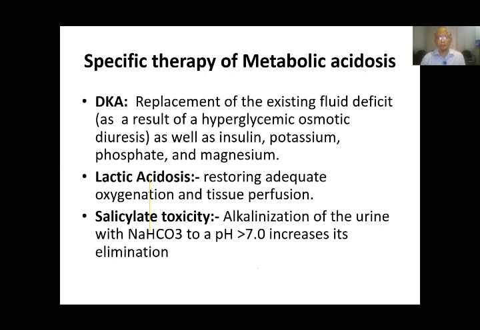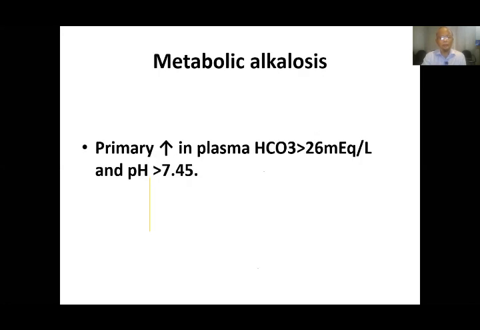In case of lactic acidosis, restoring adequate oxygenation and tissue perfusion is important, and the anaerobic glycolysis should be stopped. In case of salicylate toxicity, alkalization of the urine with sodium bicarbonate to pH more than 7 increases its elimination.